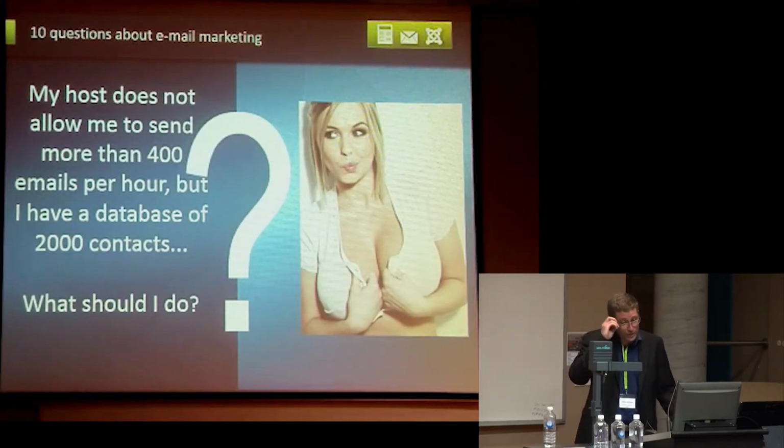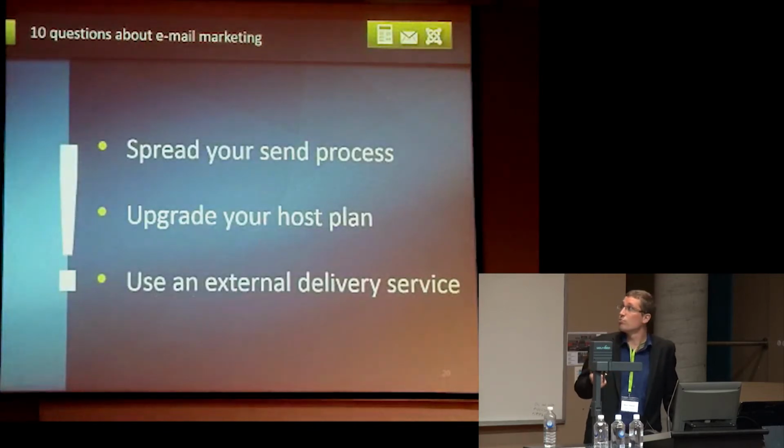So there are actually 3 ways to fix that. The first one is to spread your send process. So instead of sending right away, you will configure AcyMailing or whatever email solution you have to send like 100 every hour, and it's going to take 5 hours to send the letter, which is okay. The second answer is to upgrade your host plan. Obviously, if you have a dedicated server, you can do whatever you want.